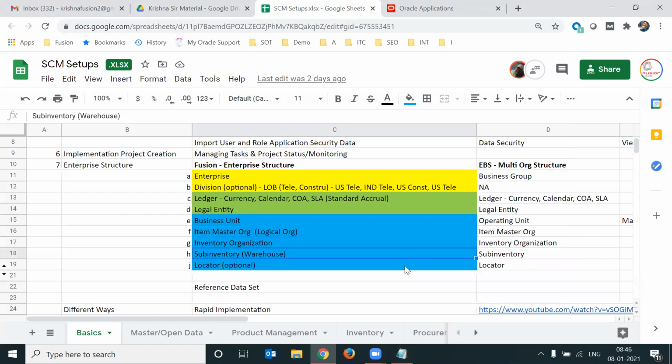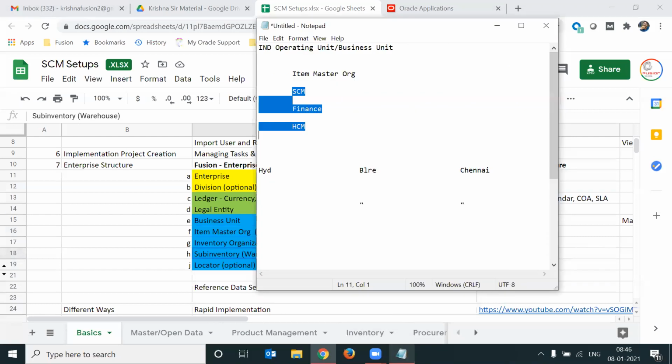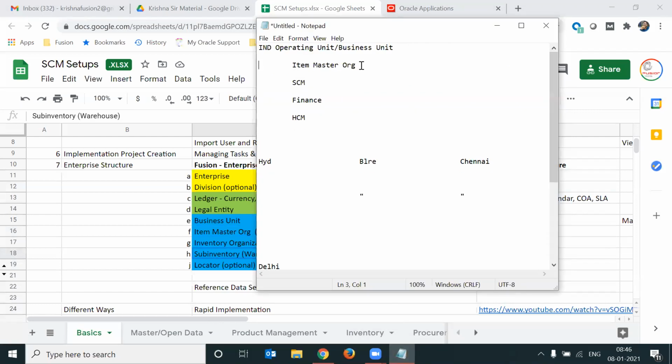And what is a sub inventory, and what is a locator? I have inventory organizations, right? So the sub inventories are under inventory organizations.